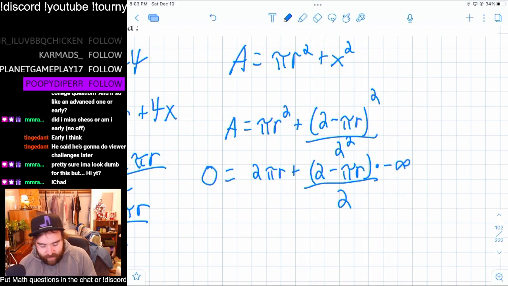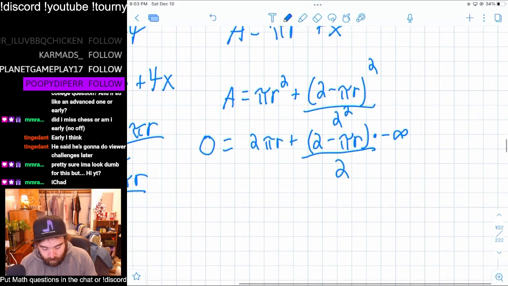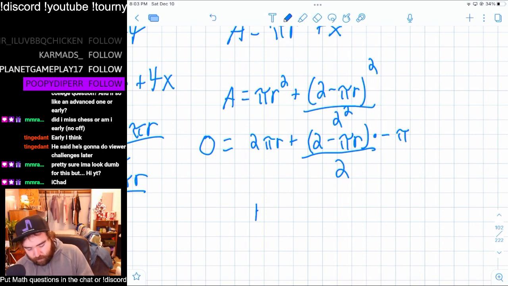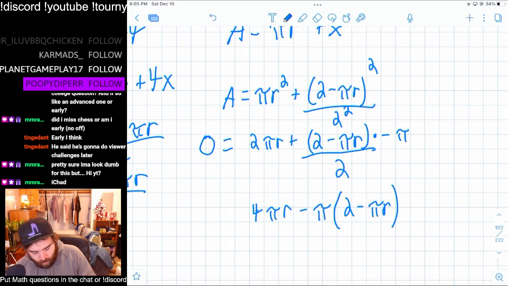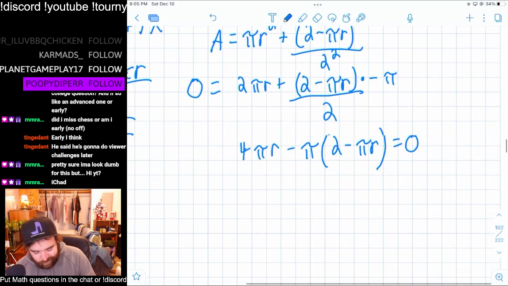And we're trying to set that equal to 0. I said pi, I wrote infinity. So I can multiply by 2: 4 pi r minus pi times (2 minus pi r), and all of that equals 0.